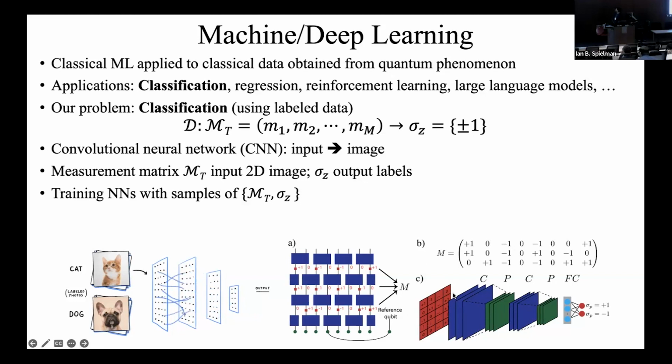Here we have plus or minus ones for the qubits that have been measured and 0 for the qubits that are not measured at each layer. This is the image that is fed to the neural net, and after some classical processing, we can determine the state of the reference qubit. The labels are just plus or minus 1.